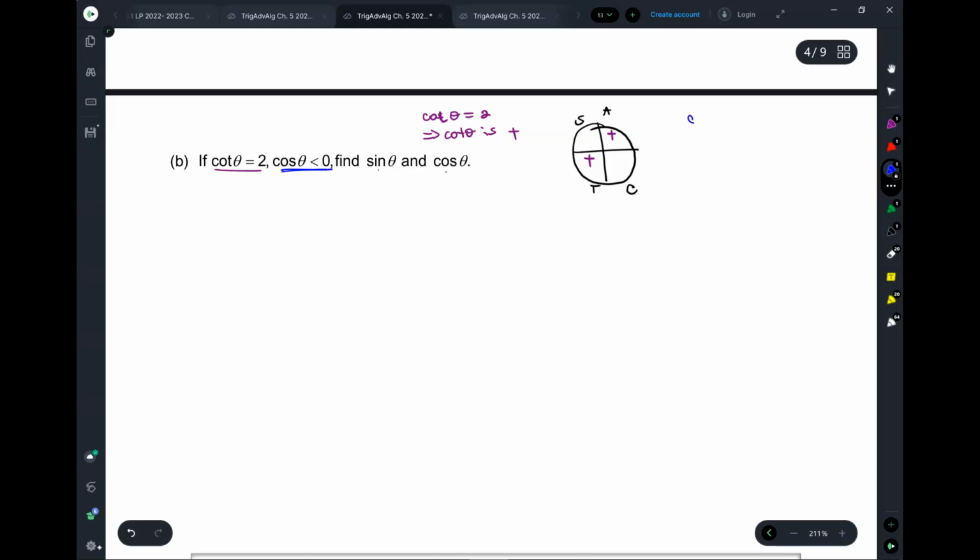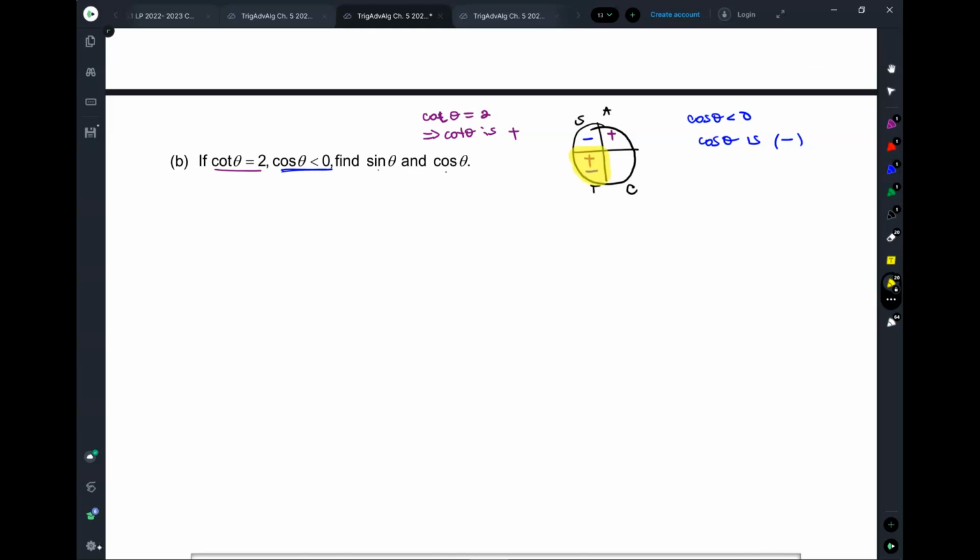Okay, you're given cosine is less than 0. Okay, cosine is negative. Okay, cosine is negative here and here. Right? So do you see, again, there is one quadrant where you've got two things.